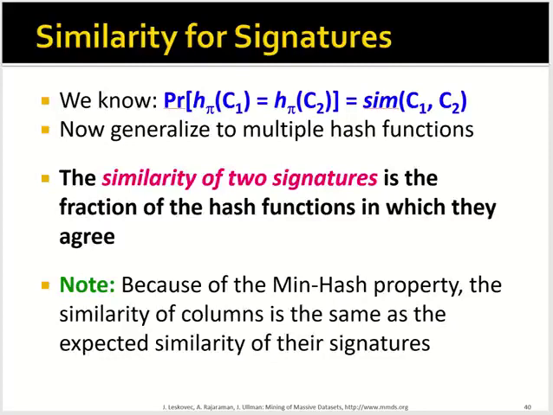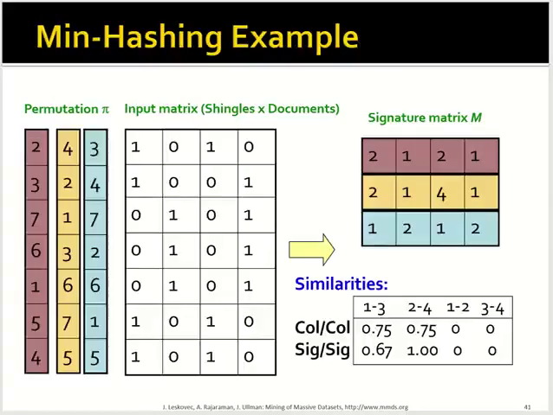So the similarity of two signatures is the fraction of the hash functions in which they agree. Because of the min hash property, the similarity of columns is the same as the expected similarity of their signatures as well.